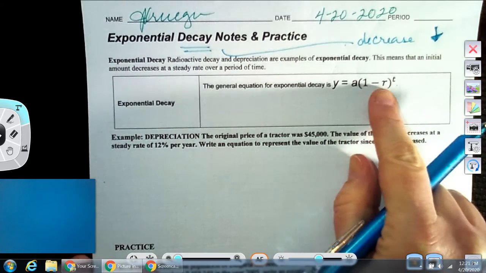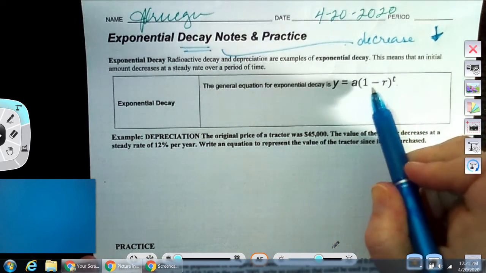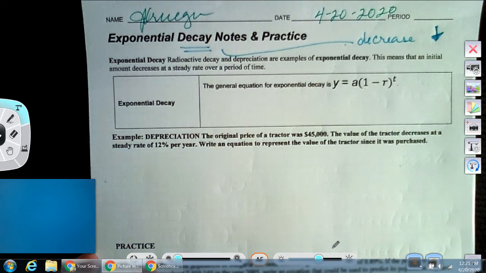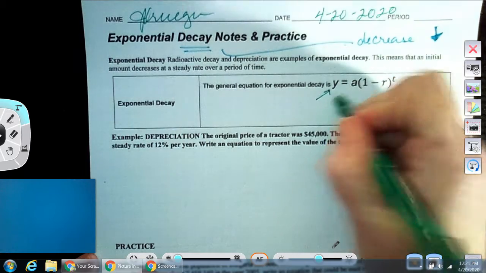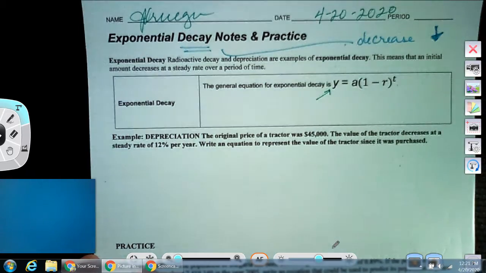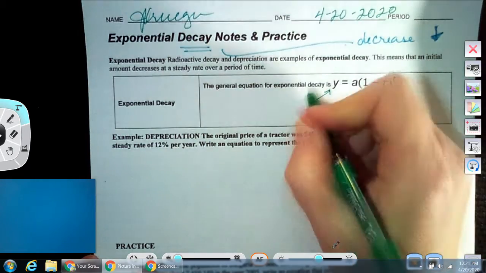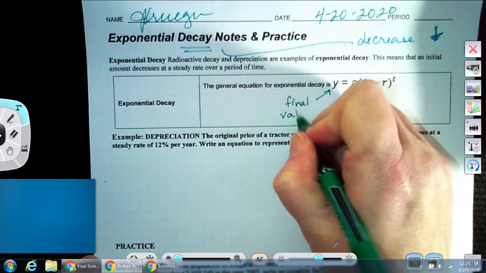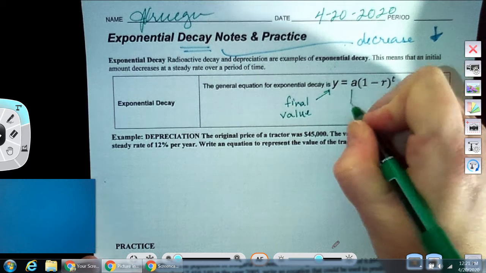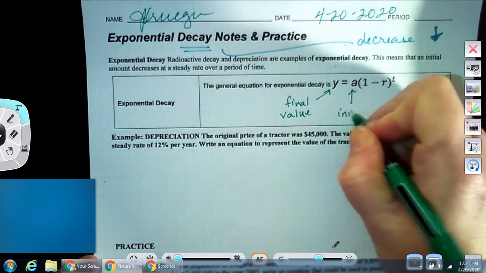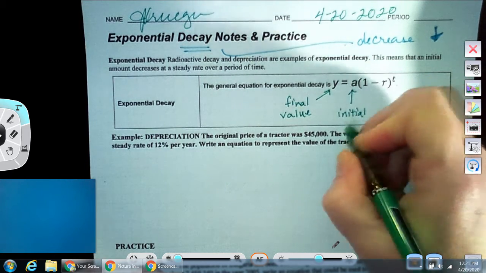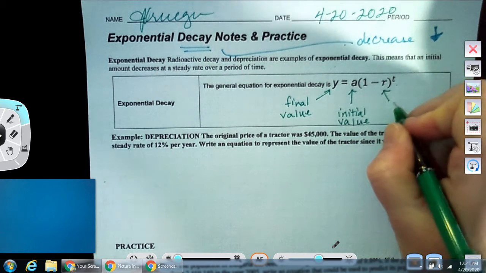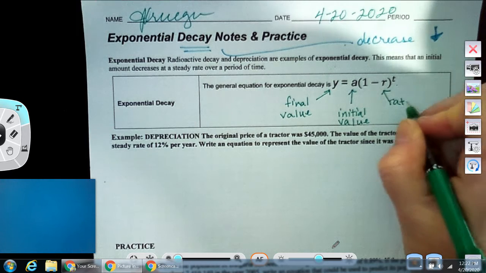The basic equation is exactly the same, except now instead of adding the rate, we're subtracting the rate. y is still our final value. a is still our initial value. r is our rate, but it's our rate of decay.